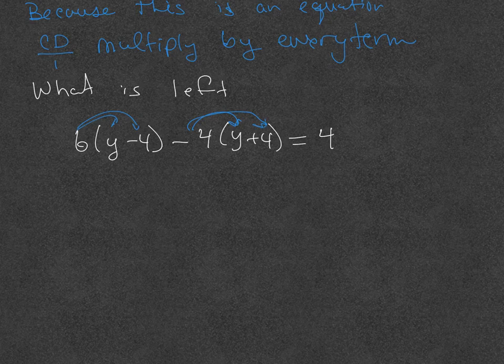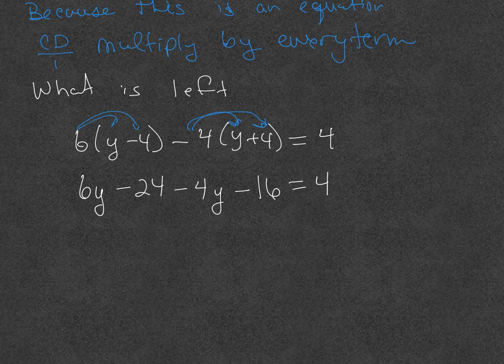So when you multiply that out, it becomes 6y minus 24 minus 4y minus 16 is equal to 4. The signs are really important. It's so easy to do all of the steps right but make a small error with your signs.